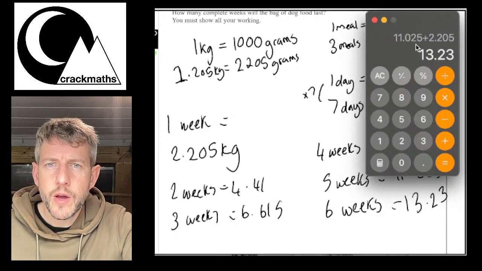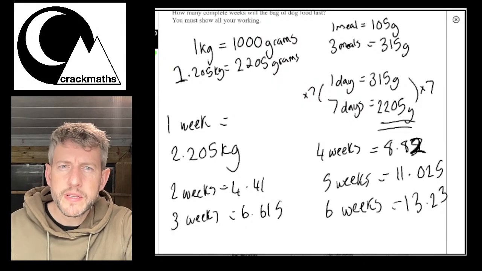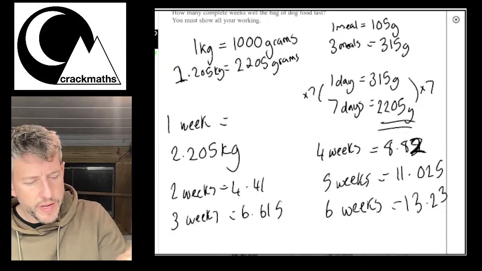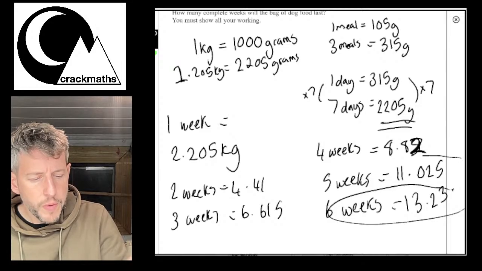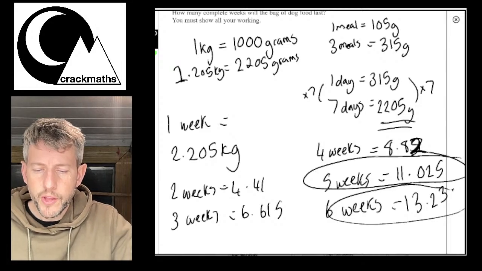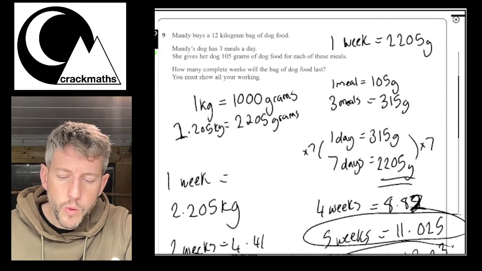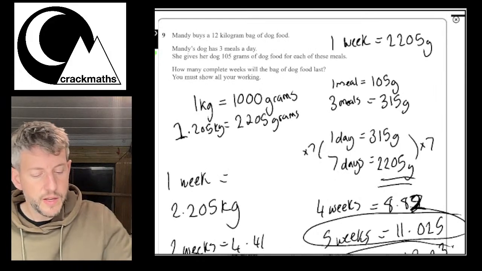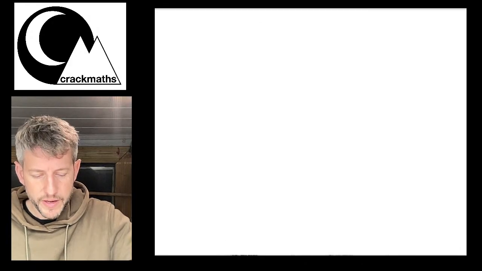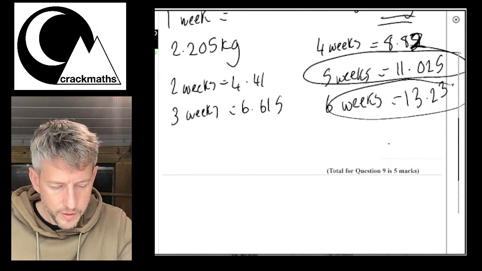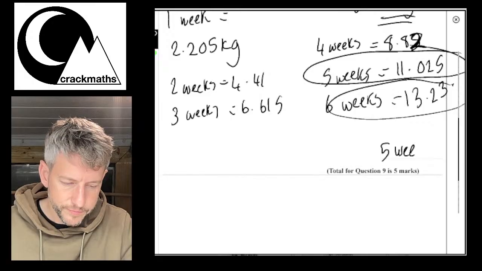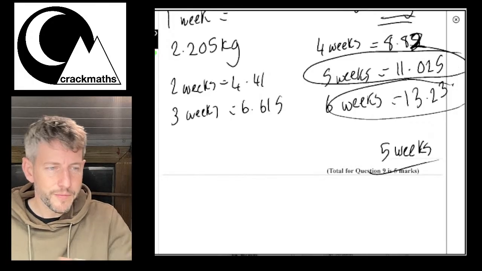So what we can see is 6 weeks is too much, 5 weeks is just under. So the question asks, how many complete weeks will the bag of dog food last? So the answer is going to be 5 weeks. Okay, so I can put that here. 5 weeks. Great.